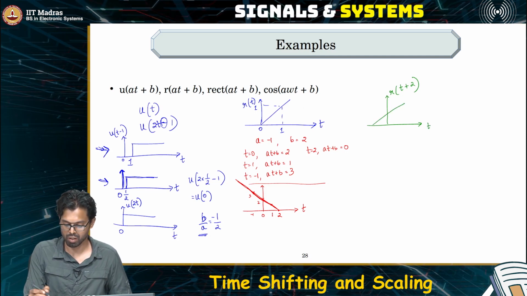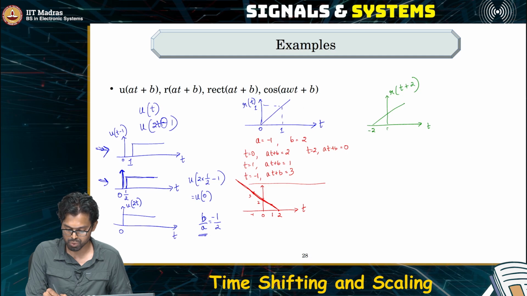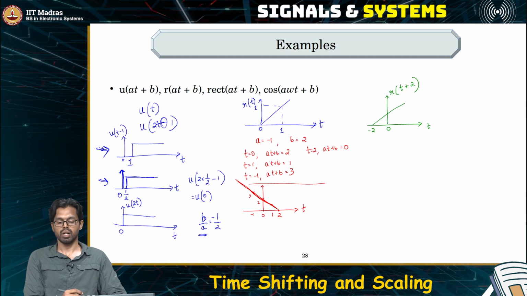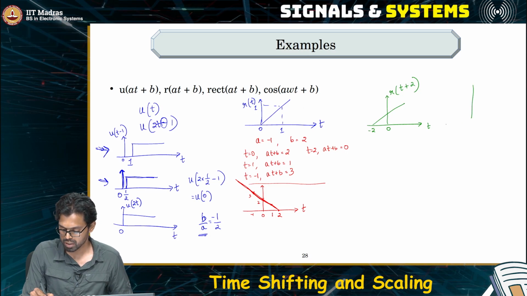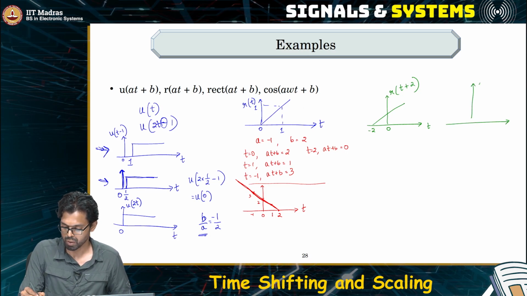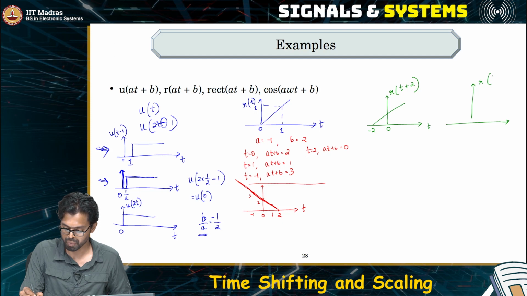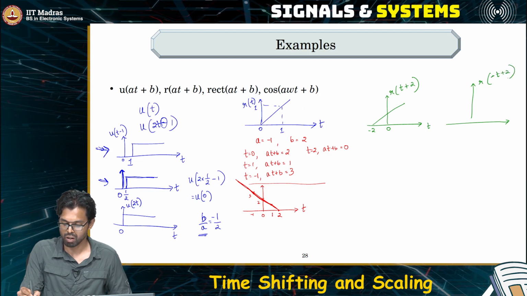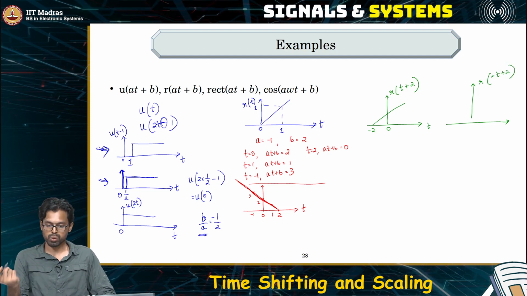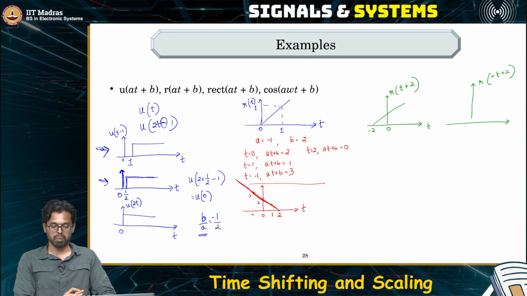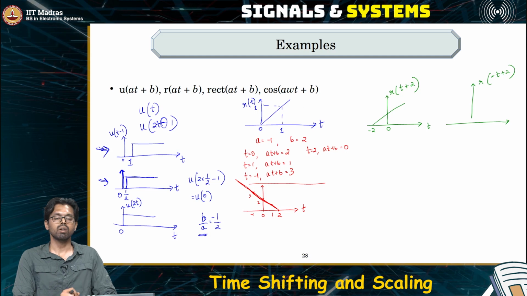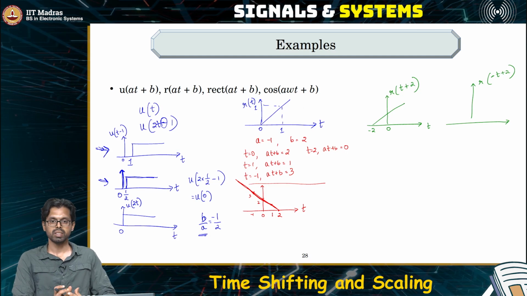Okay, at t equal to -2, 0. All right. So now this is the shifted version first. After this, you have to scale. Now the magnitude of A is 1, which means there is neither expansion nor compression, but the sign of A is negative, which means there is time reversal.